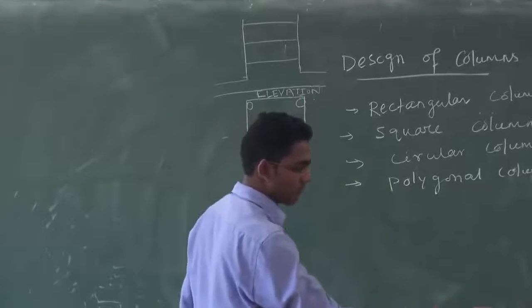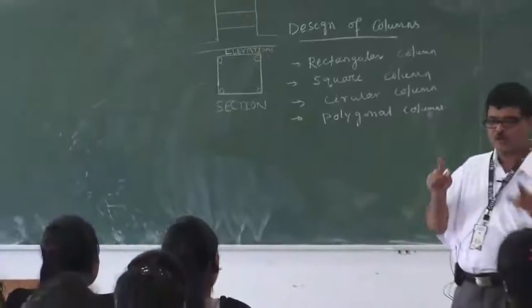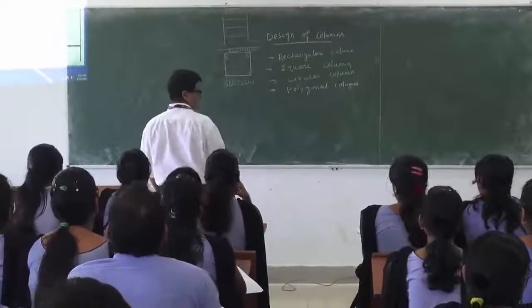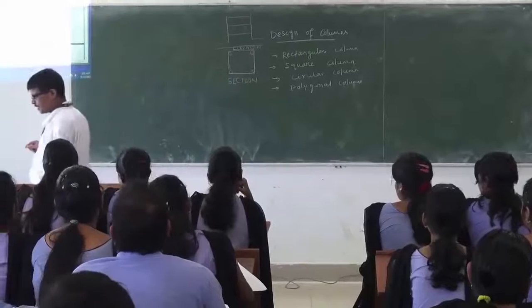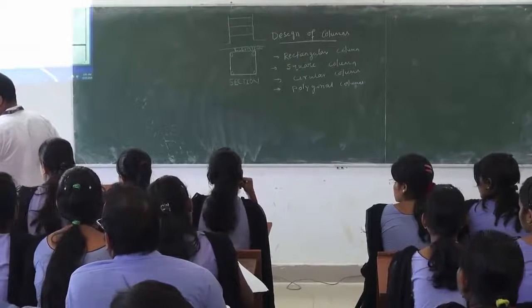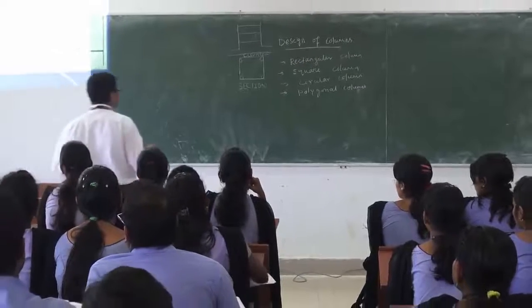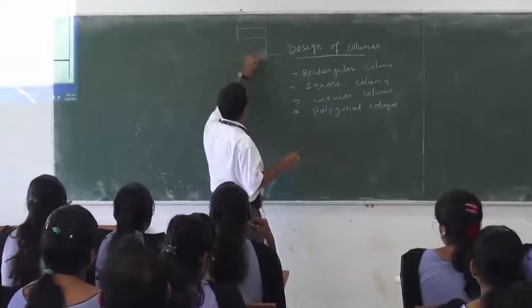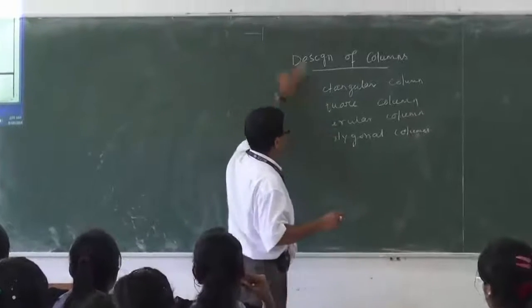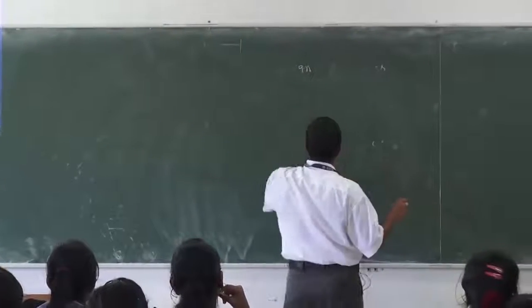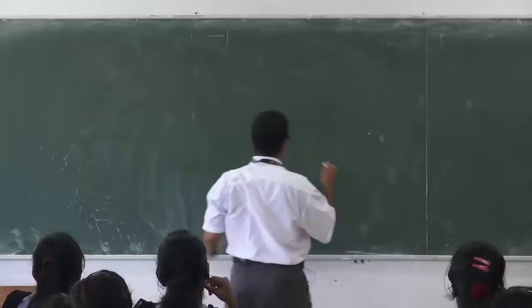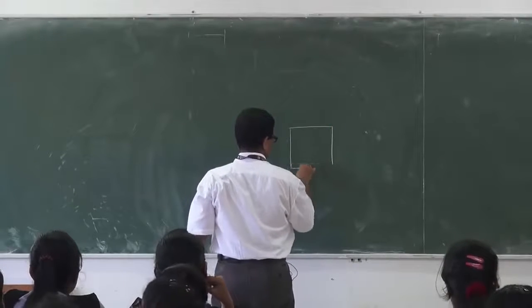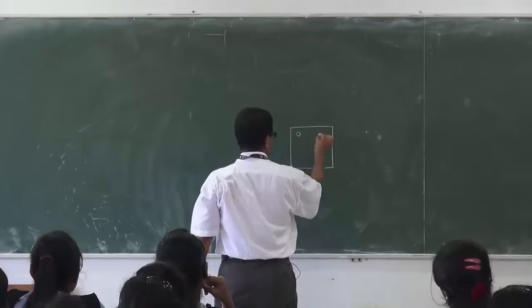Okay, basically he has shown this reinforcement detailing, but you can also show the size. You have to modify this slightly, to some extent, to get the right kind of drawing. Now he has shown only this, but it will look like this, not like this. There is the column first, then inside that there will be reinforcements.